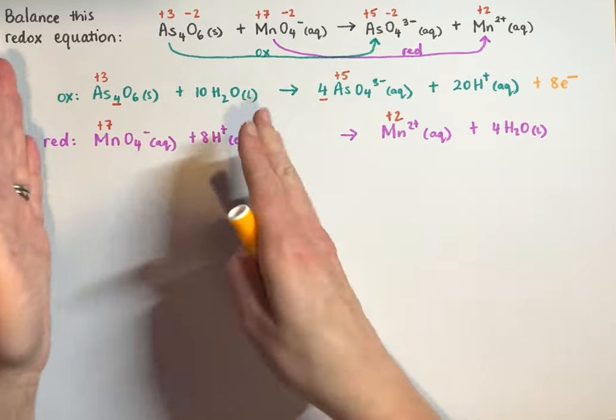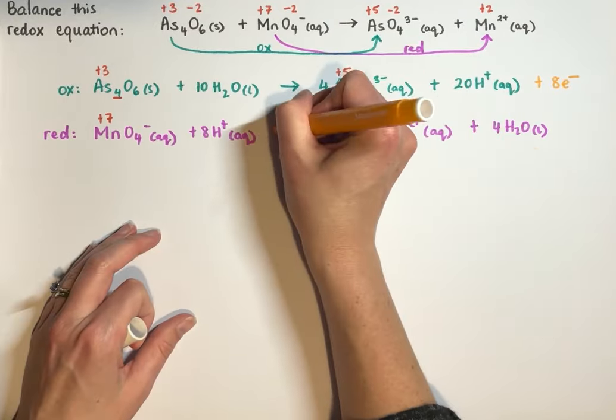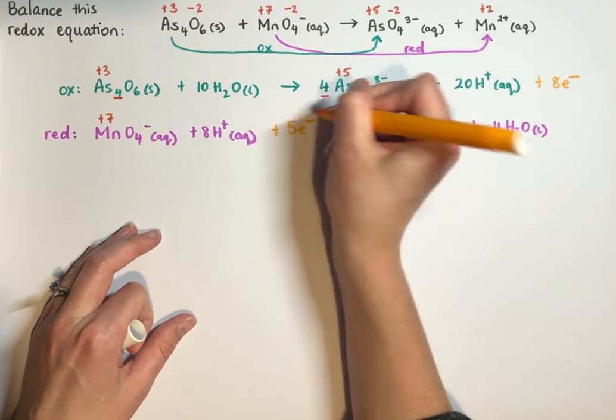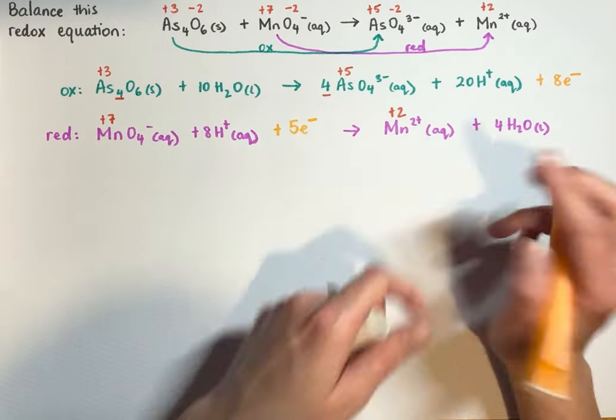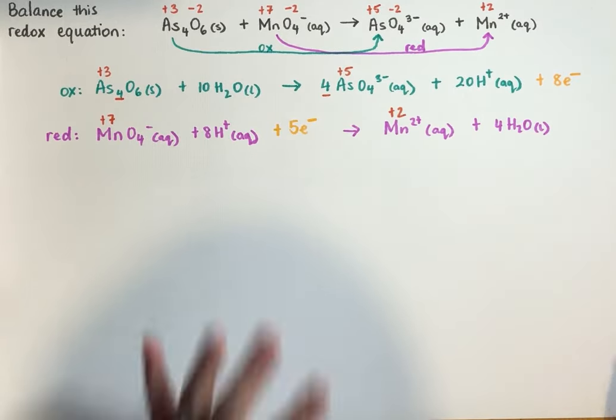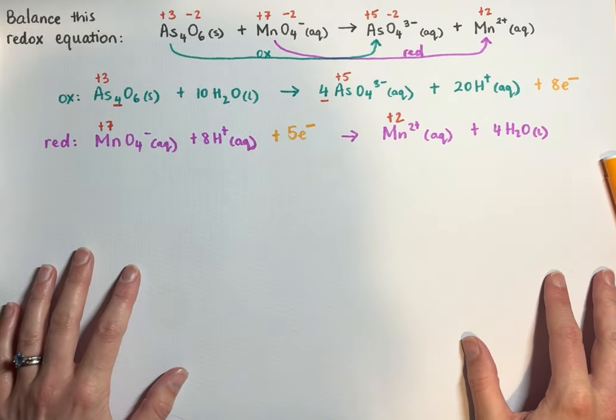So we put them on the left side of the equation this time because this is like an ingredient. We have to include 5 electrons to make this species over here. Okay, so we have 2 half equations that are looking pretty good at this point.